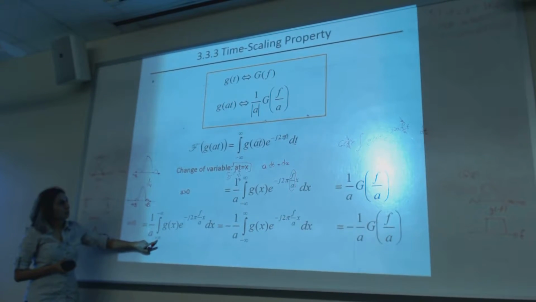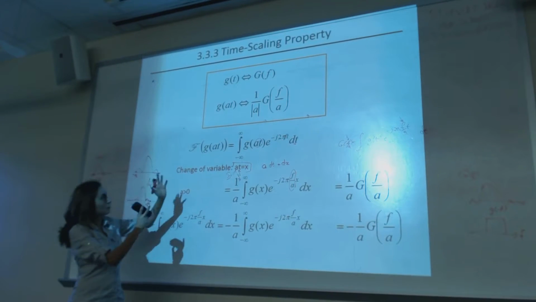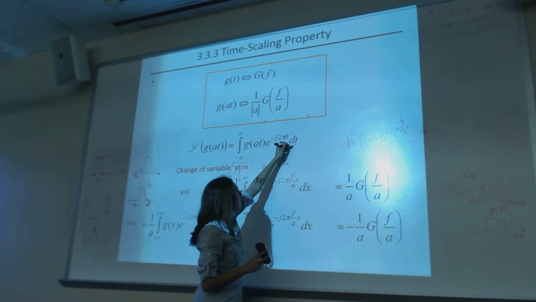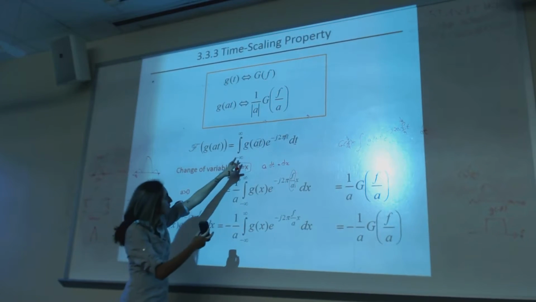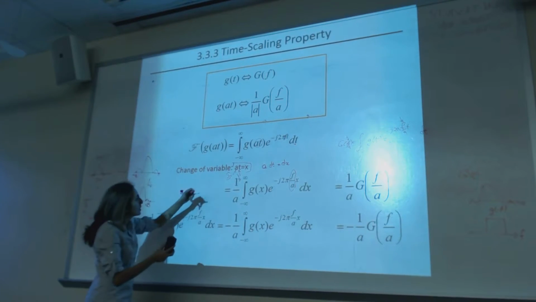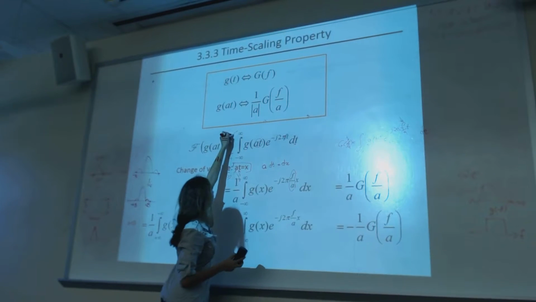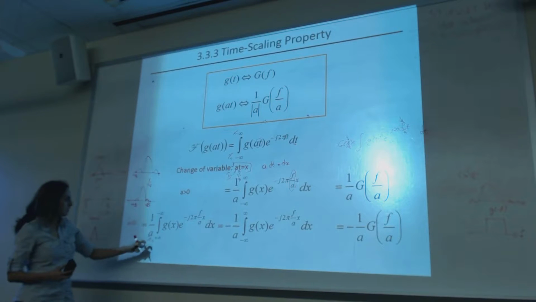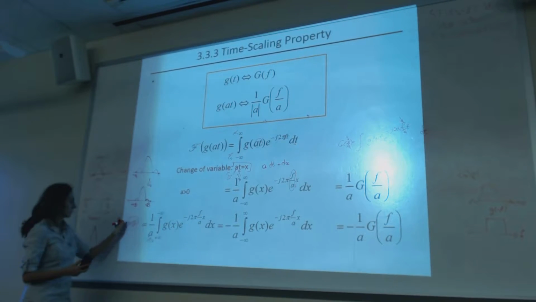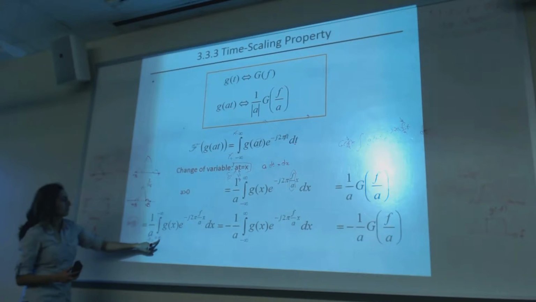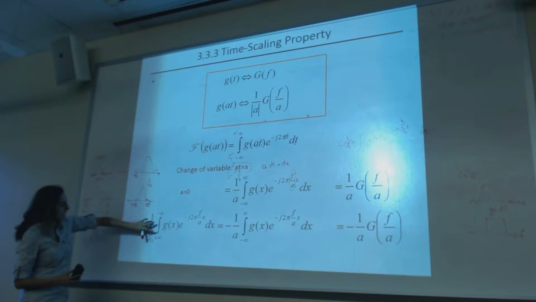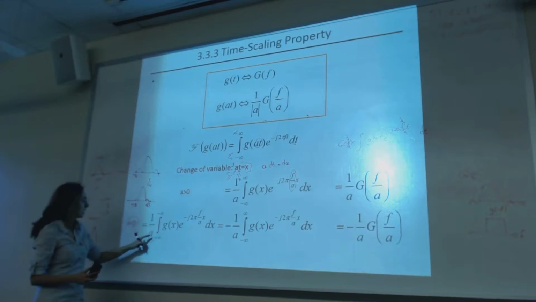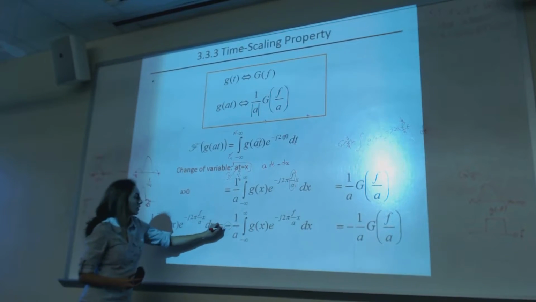So when you change the variable, you have to consider all the changes. Here the variable was t, you are converting to x. You have to change everything to x. So this is t from negative infinity to infinity. Here x is, because a is negative, now plus infinity to negative infinity. And if I want to reverse this, I introduce a negative sign.